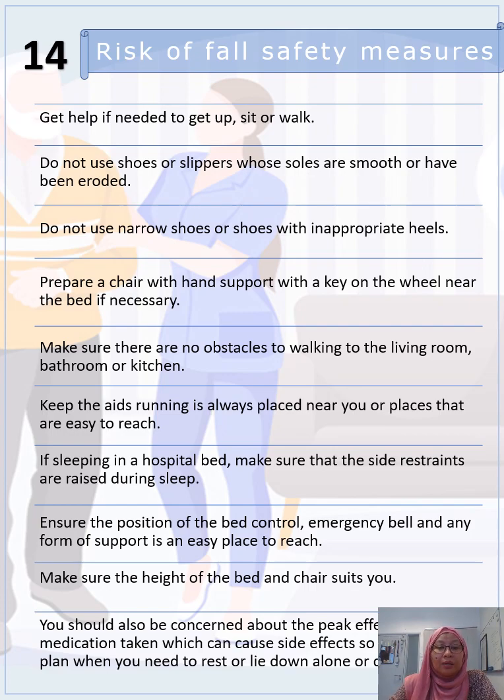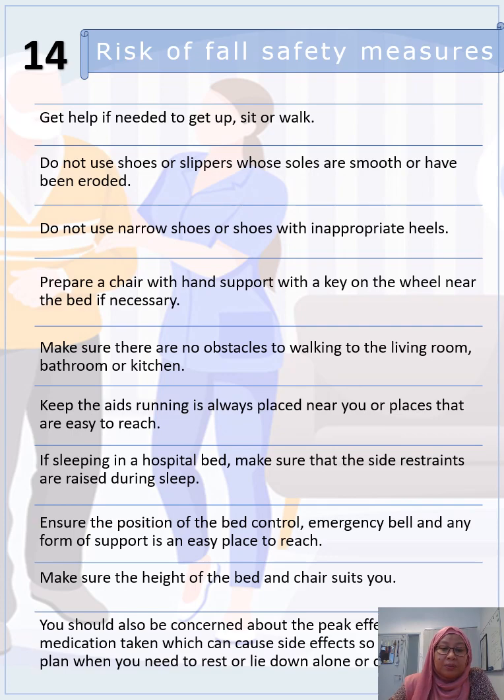Prepare a chair with hand support and wheel locks near the bed if necessary. Make sure there are no obstacles in the walking area, to the living room, the bathroom, or the kitchen. Keep the walking aids always placed near you or in places that are easy to reach.